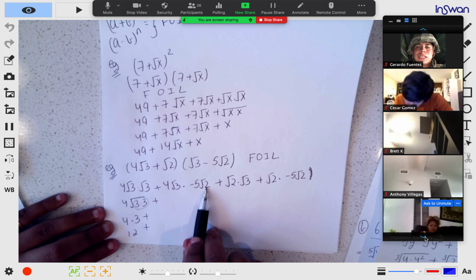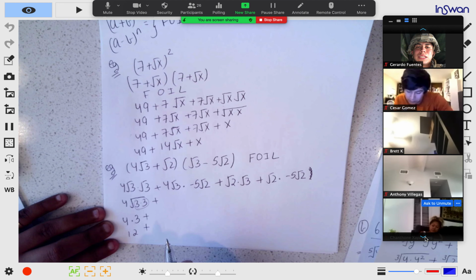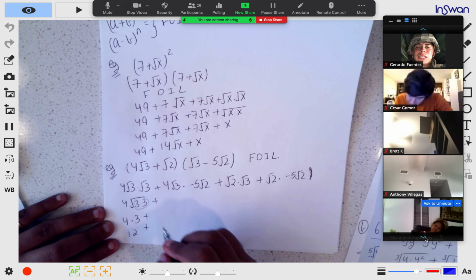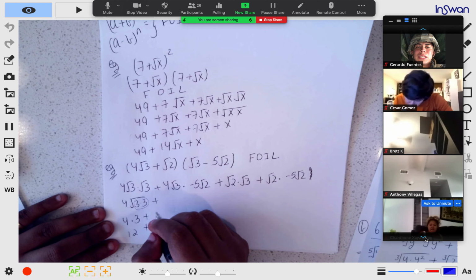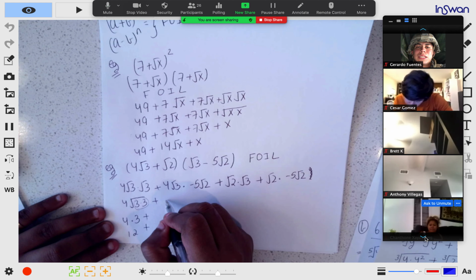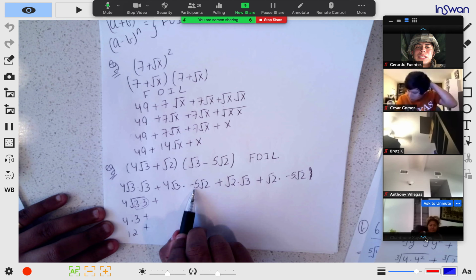Second term. Would you just leave it as it is? No. Or would you combine it? Do you get 9? No, 4 times minus 5. It's multiplication.